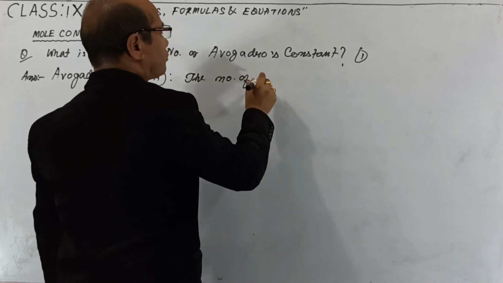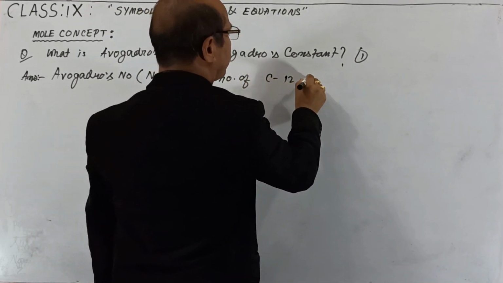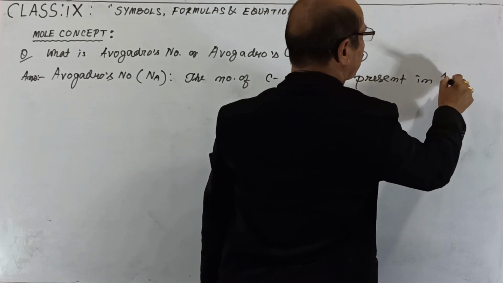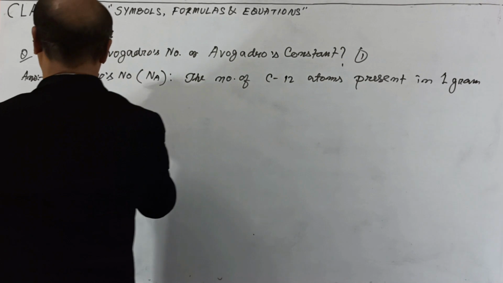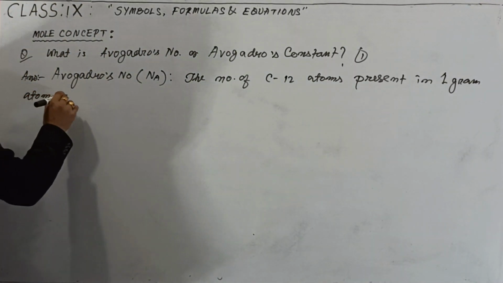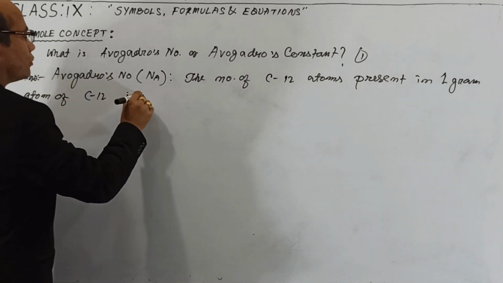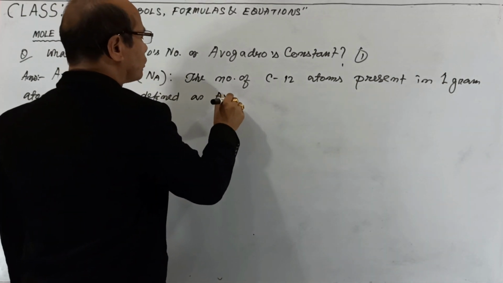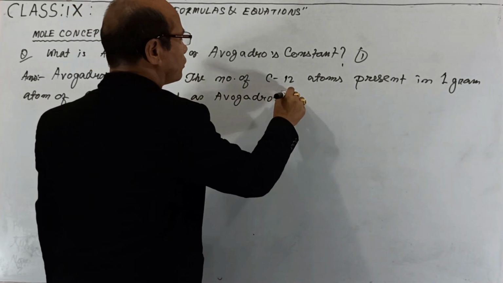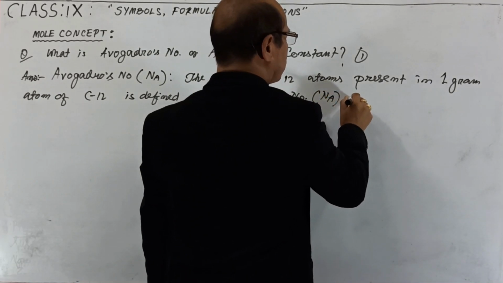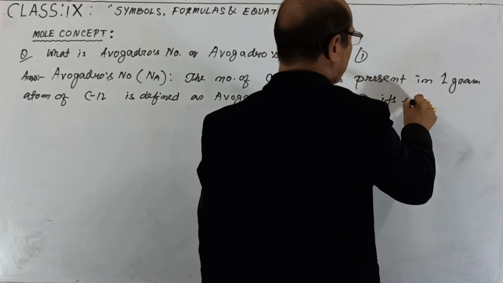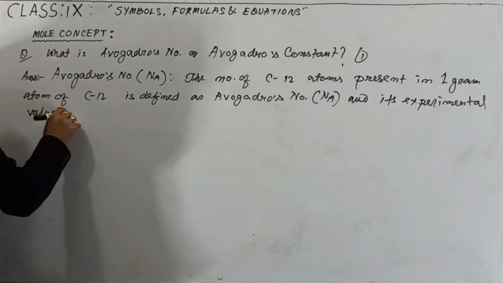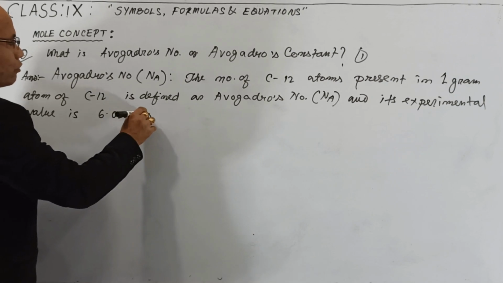The number of C12 atoms present in 1 gram atom of C12 is defined as Avogadro's number, Na, and its experimental value is 6.022 × 10^23.